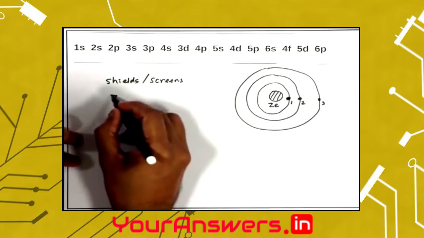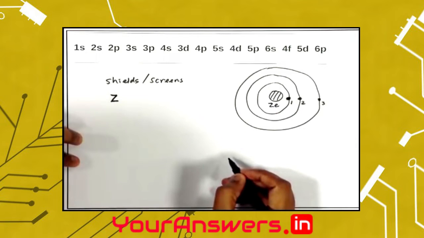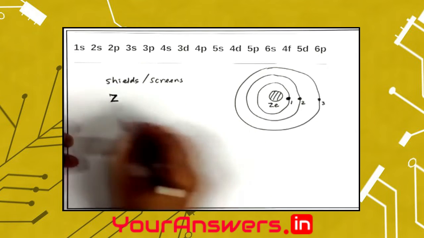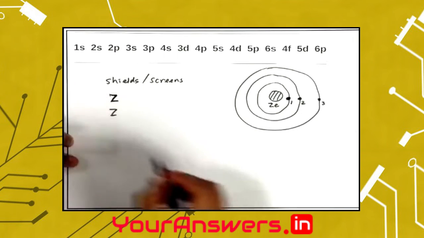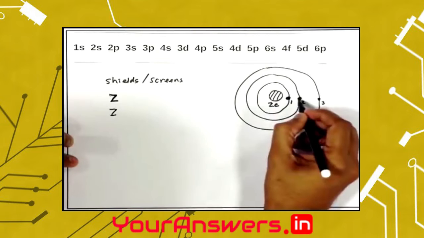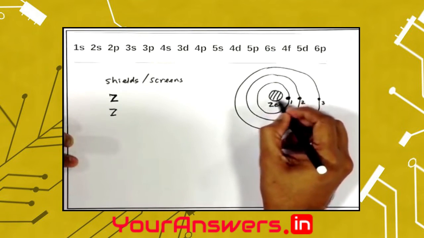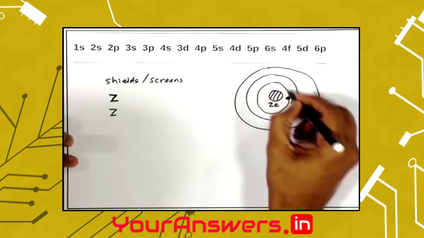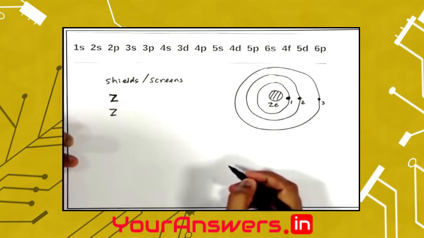That means it looks at all the protons, or the entire positive charge, that is Z. But when you come to electron number 2, you see that it does not actually see the full glory of the nucleus, because electron number 1 screens the nucleus from interacting with electron number 2.